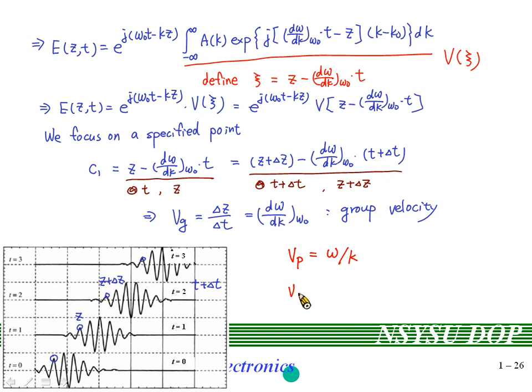And the velocity of the different components of different frequencies, that is group velocity, can be calculated as d omega over dk. So please remember how to find these two velocities.